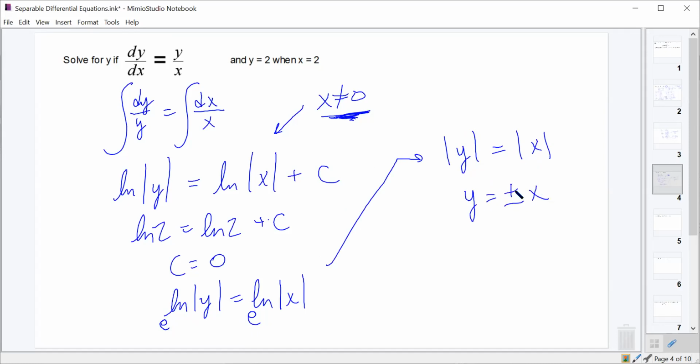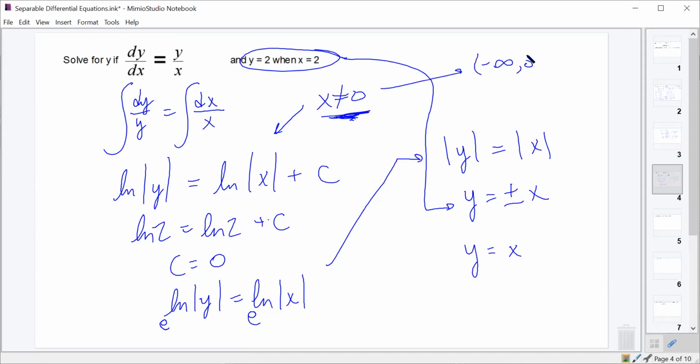But which do we want? Do we want the plus or do we want the minus x based on our initial condition? Y needs to be equal to x or negative x? X. And we have the restriction that x can't be 0. X can't be 0 says negative infinity to 0, 0 to infinity is our domain.